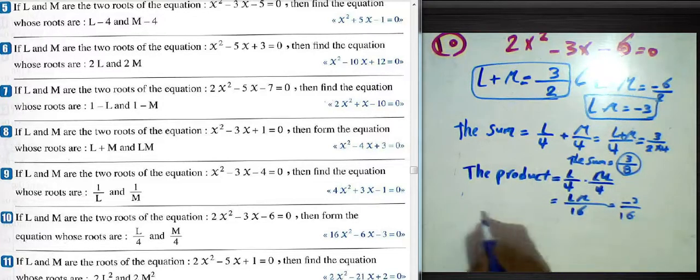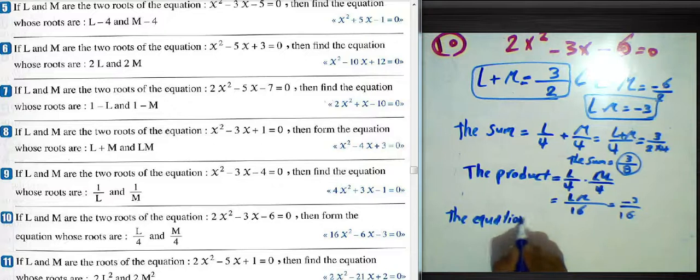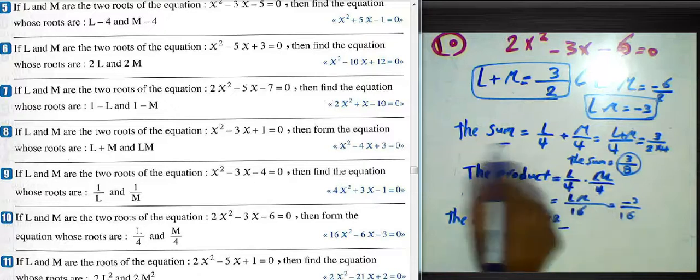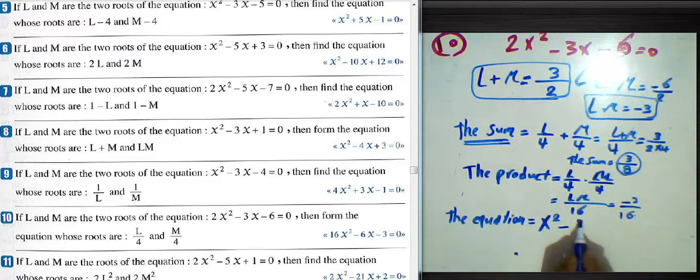So we can find the equation equal x power 2 subtract where the sum was 3 over 8. Write 3 over 8 here, x, and the product will be negative 3 over 16 equal 0.